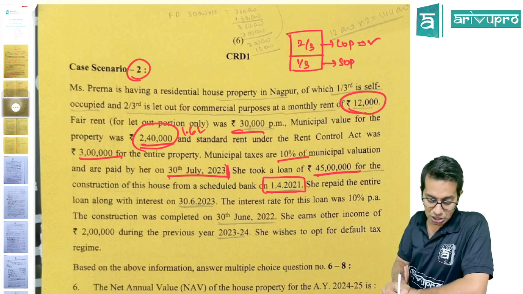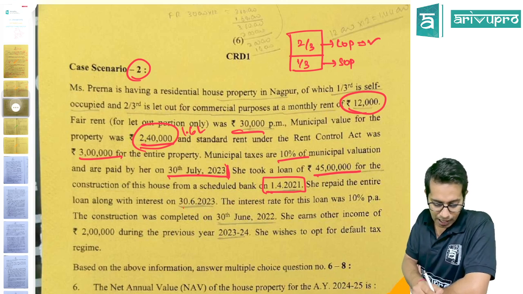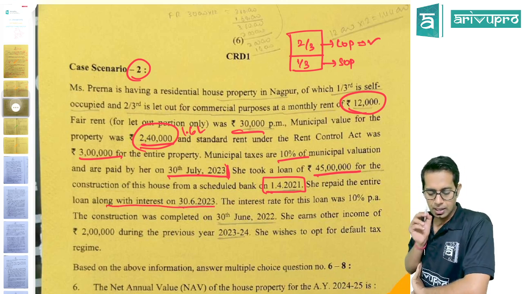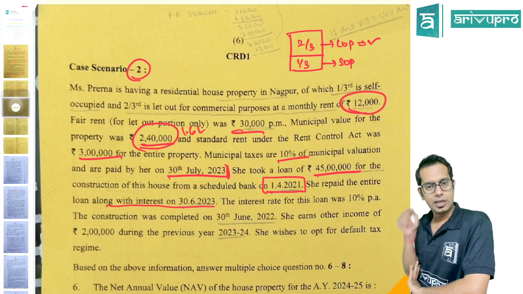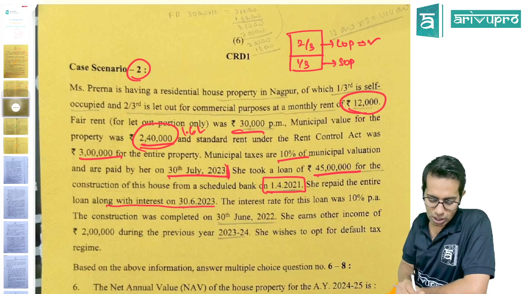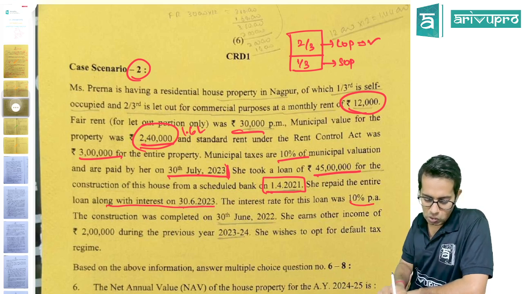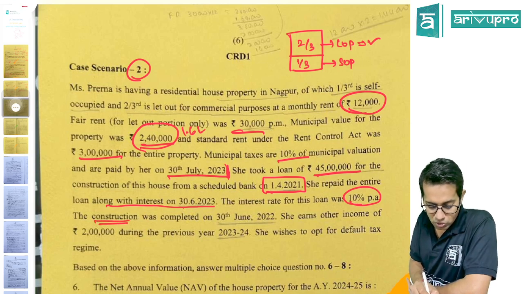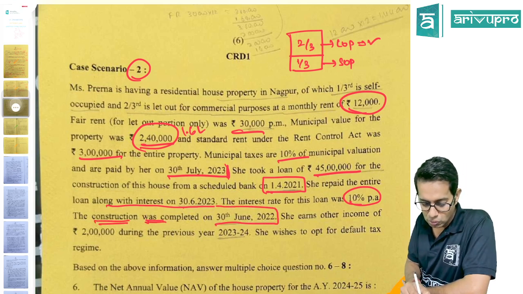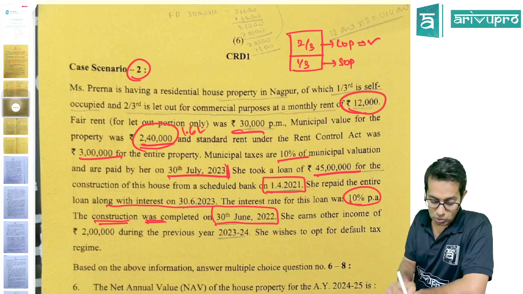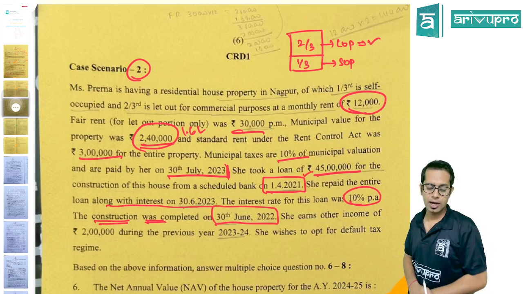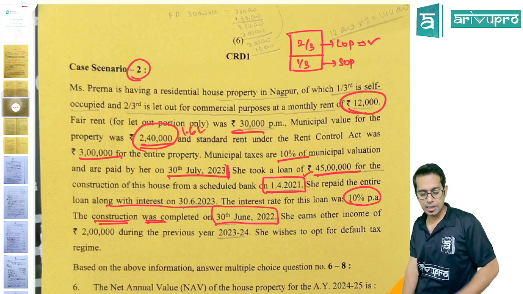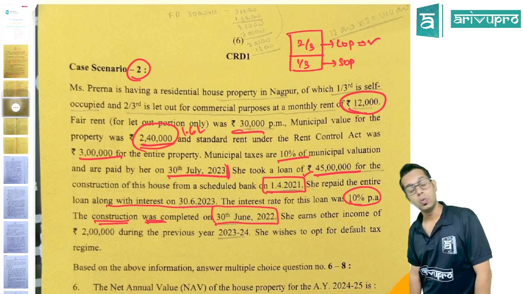She repaid the entire loan along with interest on 30th June 2023. So in the current year she has repaid the loan. The interest on the loan was 10%, and the construction was completed on 30th June 2022. Please note, the loan was taken on 1st April 21 and the construction was completed on 30th June 2022.